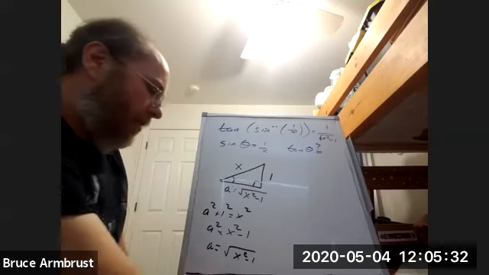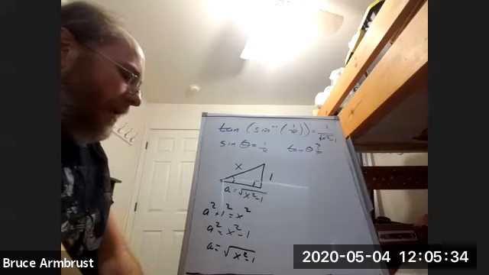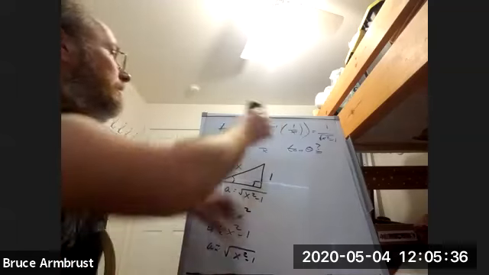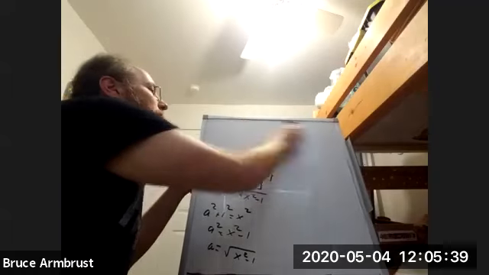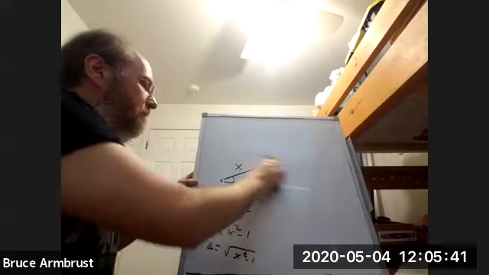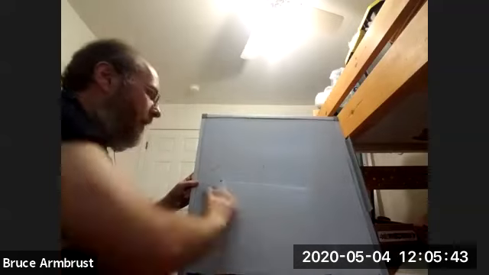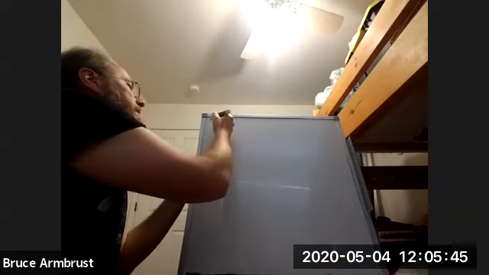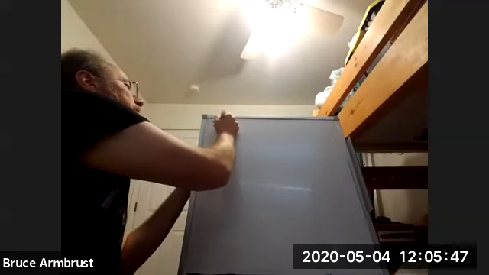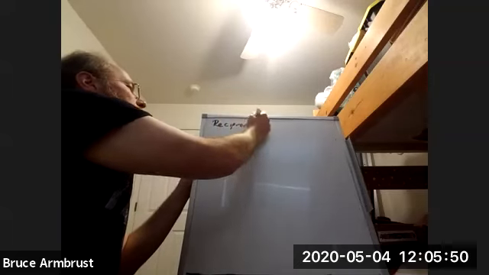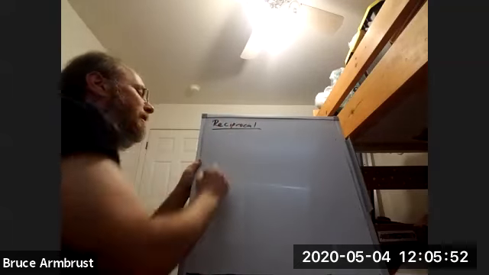Okay, so let's go to the board real quick, because I want to remind you about the identities that we have so far. So we really have 3 sets. So the first set are the reciprocal identities, the basic ones that allowed us to get from the big 3 to the other 3.